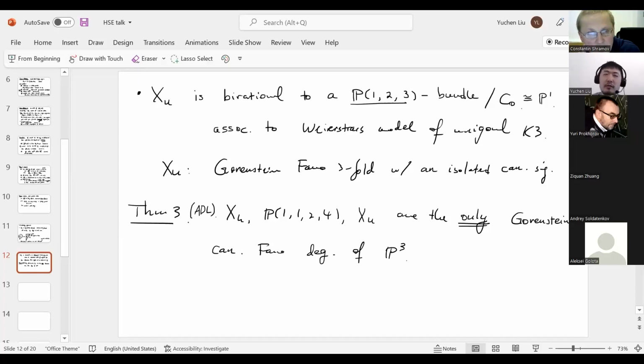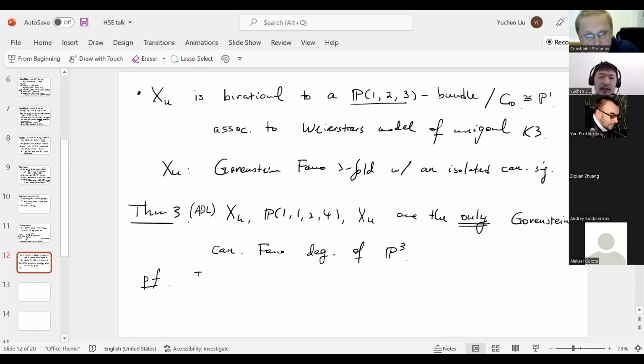So the statement, of course, has nothing to do with moduli space, but we give a proof using moduli space. So the idea of the proof goes as follows. It's probably very easy, compared to what you usually do, right? Studying explicit geometry of linear series. But here we basically reduce this classification problem to moduli space.